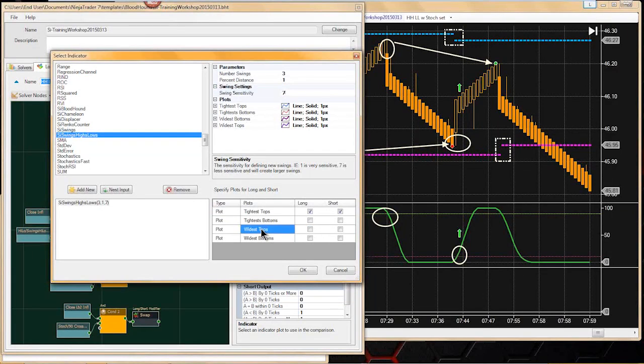So the widest tops is going to generate a short signal. The blue line is our widest tops. It's going to shift down, I'll have it generate a short signal. The widest bottoms is the magenta line, and when it shifts up, I'll have it generate a long signal.